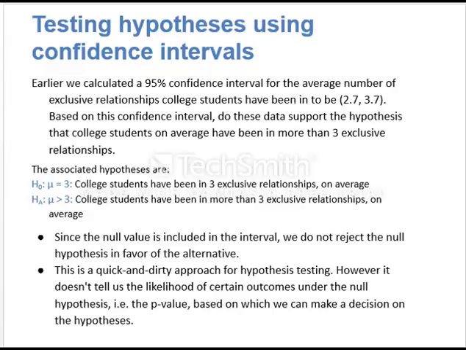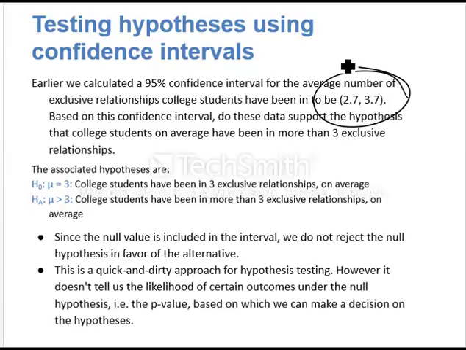So what if we wanted to test the null assumption that college students have been in 3 exclusive relationships, given here in the null hypothesis, versus that they've been in more? So which do you think that this would support? Would this support the null hypothesis, that interval of 2.7 to 3.7, or do you think it gives evidence for the alternative?